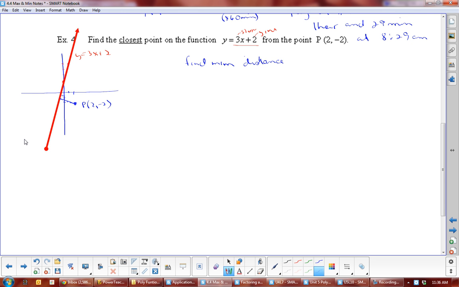So the way you find minimum distance from A to B would be to use your distance formula. And the distance formula is: d equals the square root of x2 minus x1 squared plus y2 minus y1 squared.